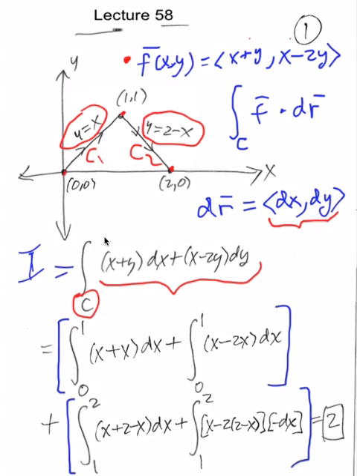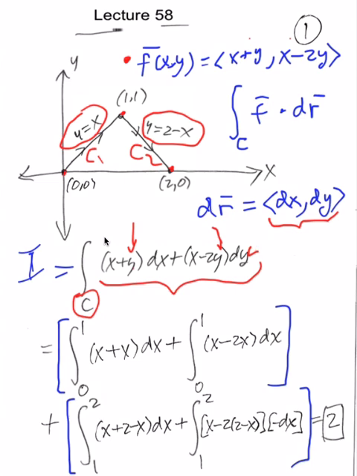If I'm going to be parameterizing everything in terms of x, where you see the y here, you're going to replace that by x, and here also by x, because y equals x everywhere along C1. So that becomes x plus x dx plus x minus 2x dx. X is going from 0 to 1 along that particular curve C1.